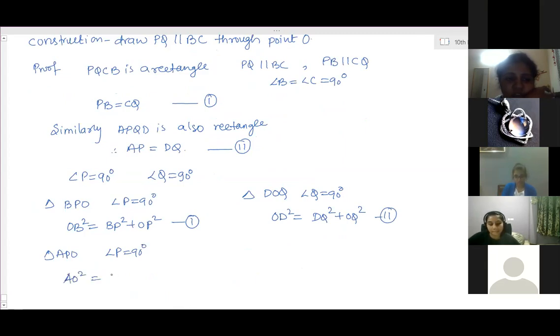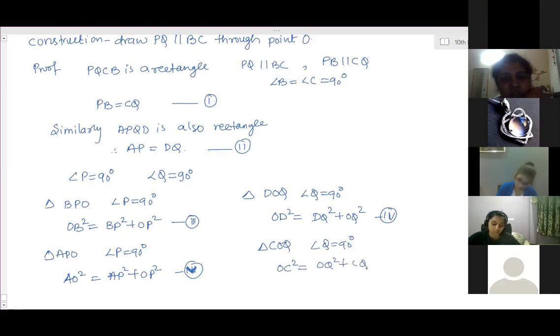So AO square is equal to AP square plus OP square. Here 2 we have already given. This is 3, this is 4, this is 5. And triangle COQ, angle Q is equal to 90. Therefore, OC square is equal to OQ square plus CQ square. This is 6. Adding 3 and 4, because we need OB square plus OD square.